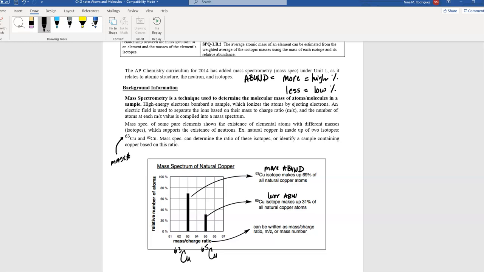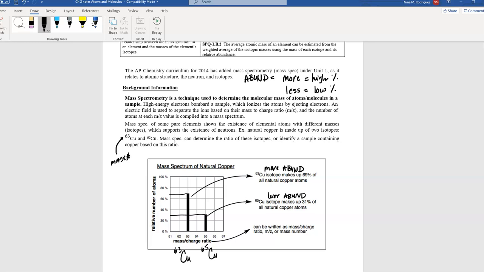And when you look at the y-axis and draw the line across, it's about 69–70% copper 63, and copper 65 is about 30–31% of it.